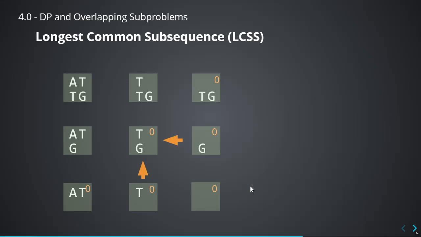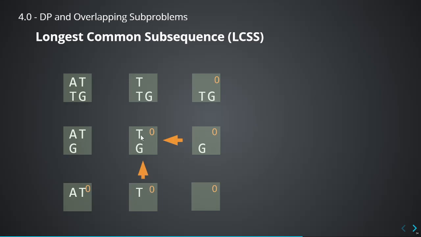Now, once you worked out all these edge cases, well, should I call them edge cases? Yeah, like the base cases, maybe that's a better word. Once you work out all the base cases, you can work out this guy here. You can work out this TG case. What do I mean with the arrows here?